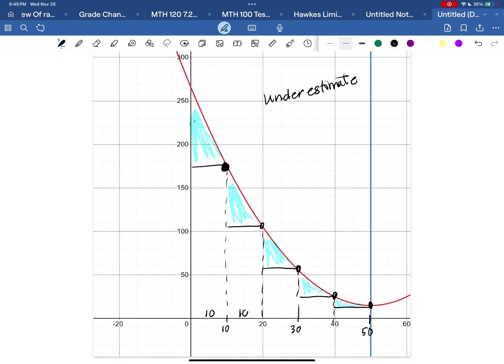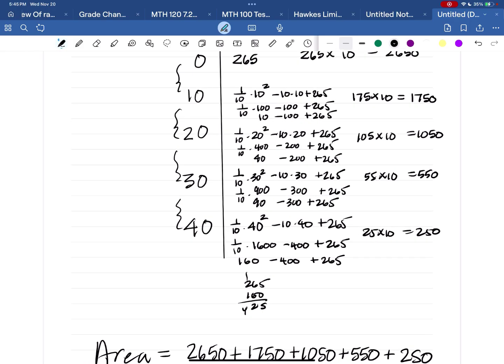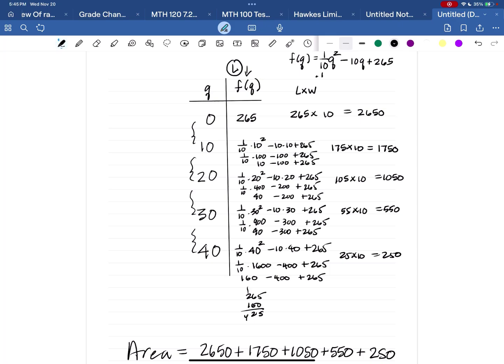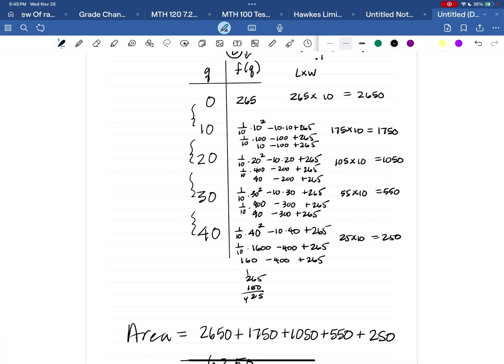And the same thing here, and here, and here. So we've got to evaluate the function starting at 10 instead of at 0. Now, we already know 10, 20, 30, and 40. So let's just copy this.